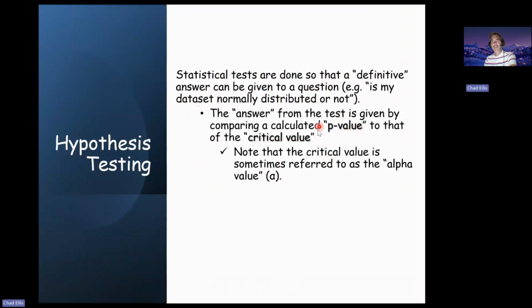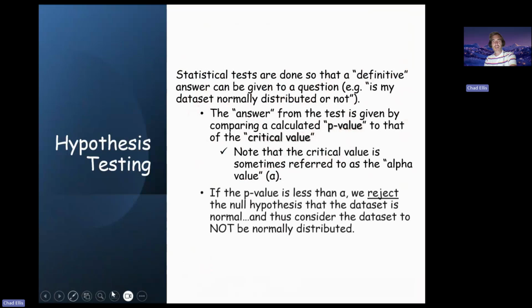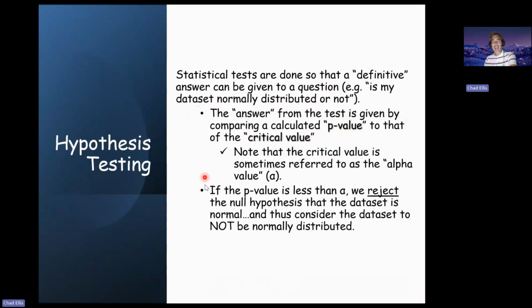It's by this comparison between our p-value and our critical value that we make the determination whether we're going to retain the null hypothesis or not. And this is kind of the rule right here. So the rule is that if the p-value is less than alpha, our critical value, we're going to reject the null hypothesis that the data set is normal, and therefore go with the alternative hypothesis that our data set is not normally distributed.